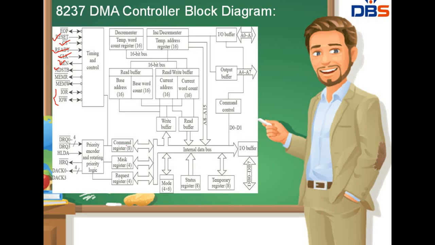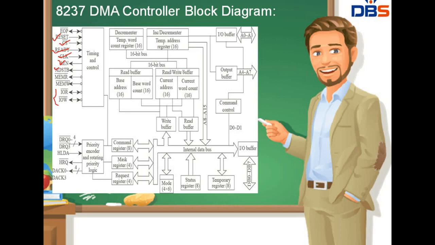Coming to the next one, we have a command register, which is 8-bit and is used for data transfer, a mask register, which is 4-bit, and a request register, which is also 4-bit.